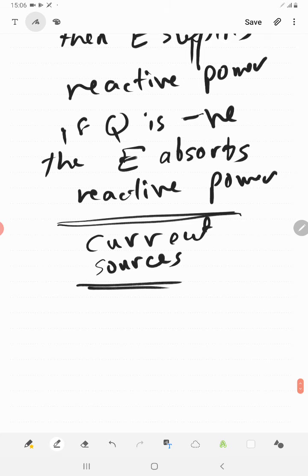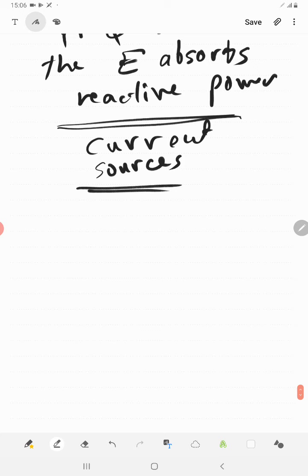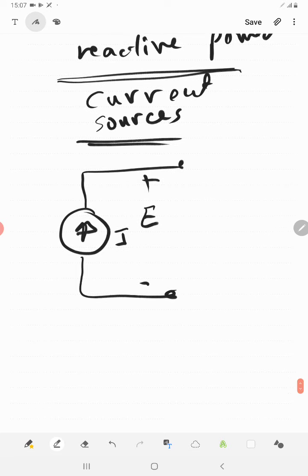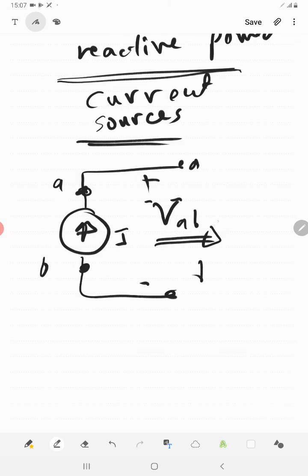So if we want to determine the complex power supplied by a current source, and this is the current source, I, we have to determine the voltage across the current source. Let's say this is V between A and B, or VAB, okay? This is the same point A, and this is some point B. So what is S?